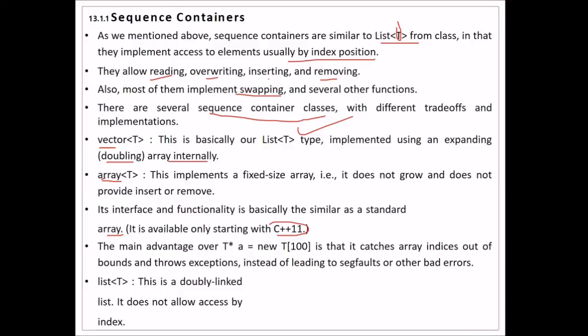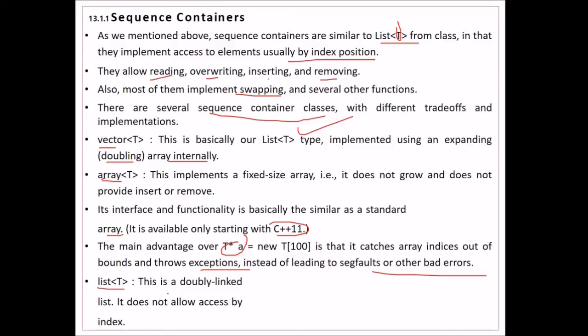The main advantage over the version of new T 100, if you define it, is that it catches array indices out of bounds and throws an exception. This was not there earlier, because you had to check for array going out of bounds yourself, instead of leading to errors, which are generally more prominent in the previous versions.